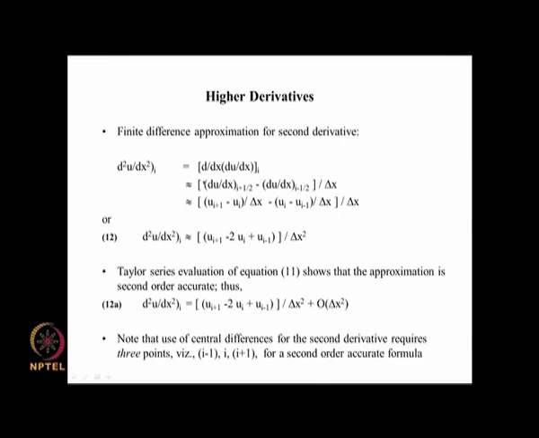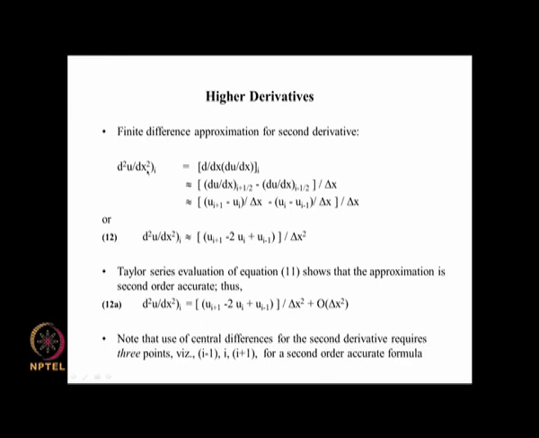So we can write this approximately using central differencing, because the derivative du by dx, which is our f, whose derivative df by dx we want at i, is being evaluated as the function f at i plus half minus the function at i minus half, divided by the spatial distance between i plus half and i minus half, which is delta x. So this is one way of expressing d by dx of f at i, where f is du by dx.